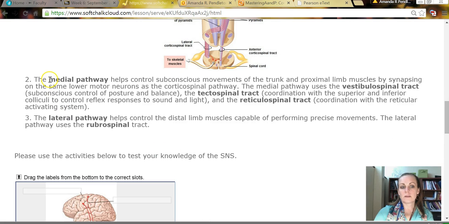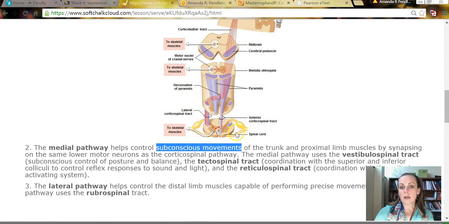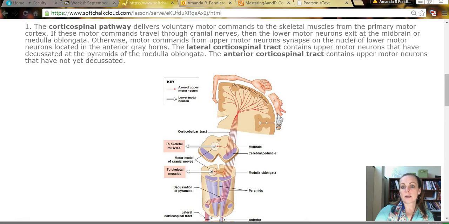You do have this medial pathway, okay, and that's going to really be controlling subconscious movements. It will synapse on these same lower motor neurons, so it's going to synapse on the white neurons, but it is not going to be starting from this primary motor cortex.